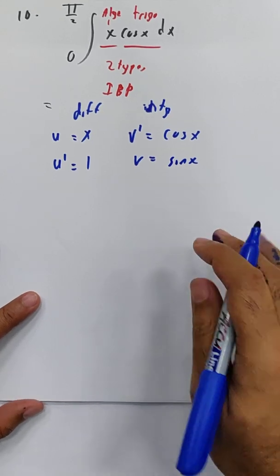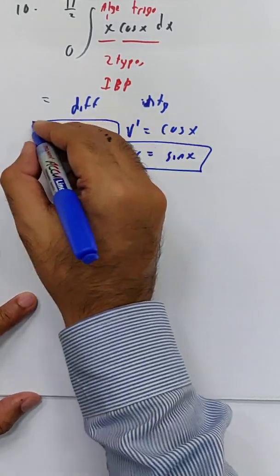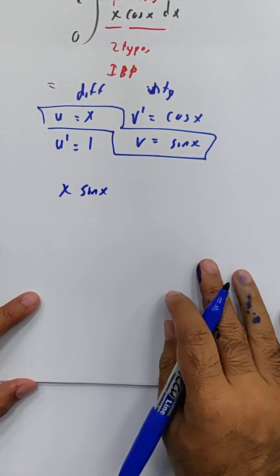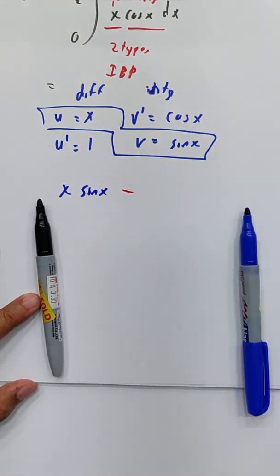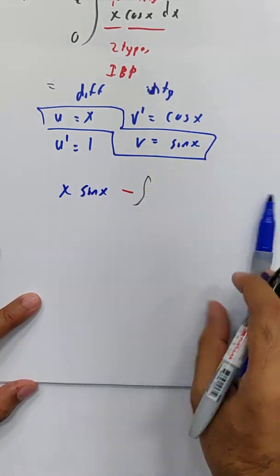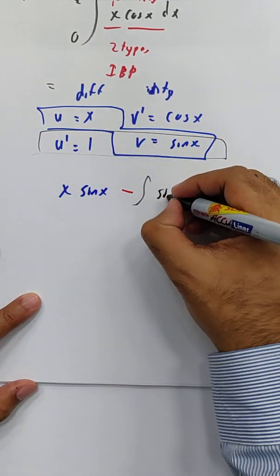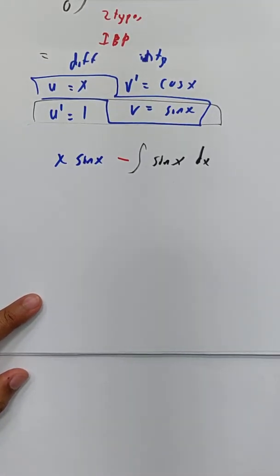So now my method is I like to use the pattern method. So one less thing to memorize. Minus integrate of sin x here. Integrating sin x, negative cos x.